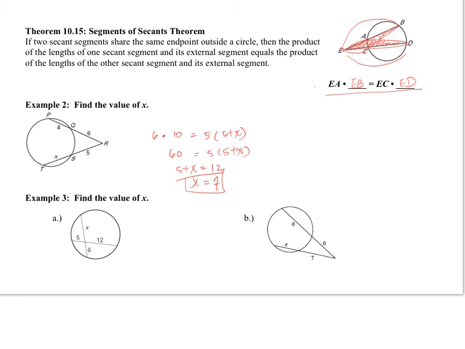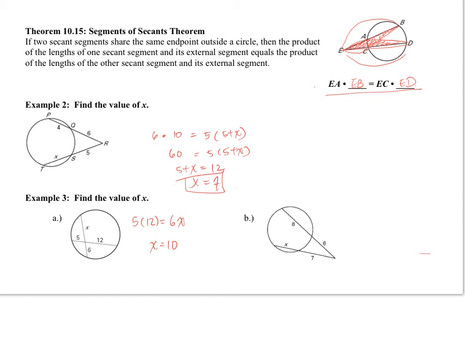And then for example 3, find the value of x, so we can apply theorem 10.14 again for extra practice. So 5 times 12 equals 6 times x, and x just equals 10.